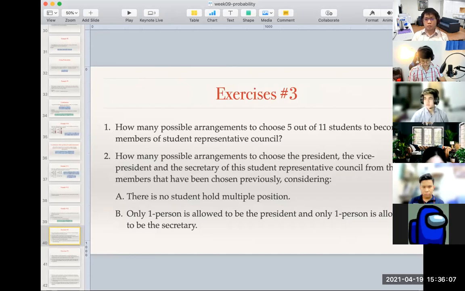Gilang? Yes, sir. So your answer for number 2 is 60 possible arrangement, right? But for number 2, we have two questions, 2A and 2B. Which one is it? It's the 60 for 2A. 2A, I'm sorry. Okay. And 2B. So anyone?